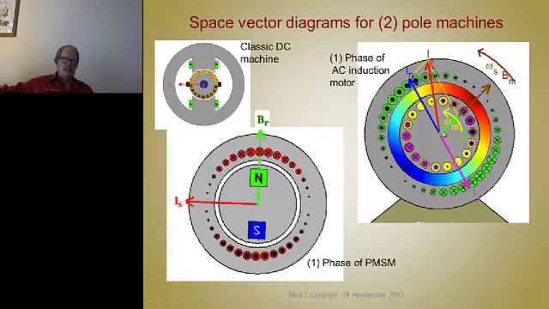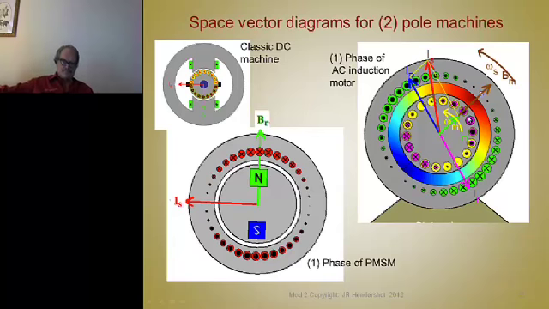One is the current it takes to magnetize, to create the B field, to magnetize the magnetic circuit, and the other vector is the current value that flows in the rotor to produce torque. And both of those currents have to be supplied by the stator and by the power supply, by the power source.